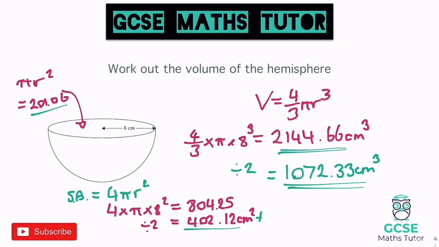So if you add 201.06 to 402.12, we get a total surface area of 603.18 centimetres squared. Again, I know we were looking at volume there, but just thinking about if you had to do the surface area as well, how you'd approach that when you've got a hemisphere and you've got to make sure you halve them and add on the extra circle.